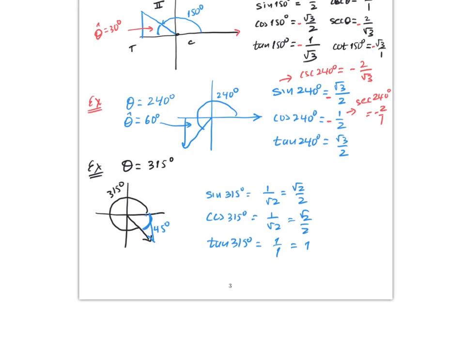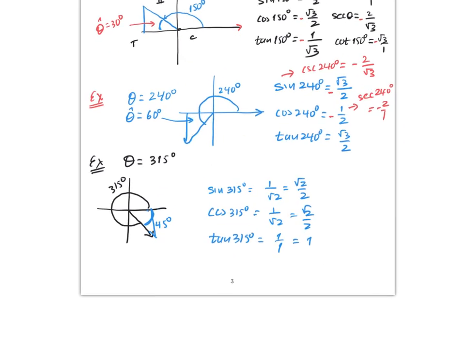Now, since you are in the fourth quadrant, remember in the fourth quadrant only cosine is positive, which means this is negative and this is negative. And also, remember, you already know sine of 315 is minus 1 over radical 2.